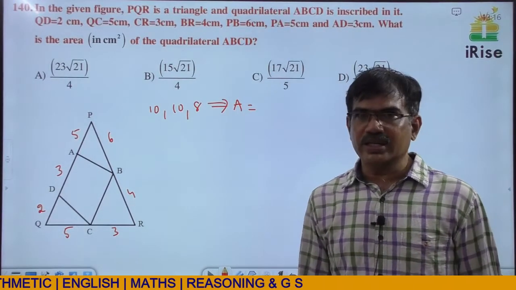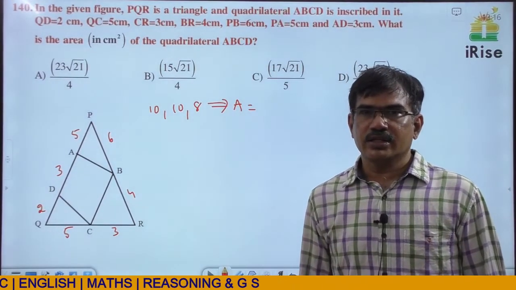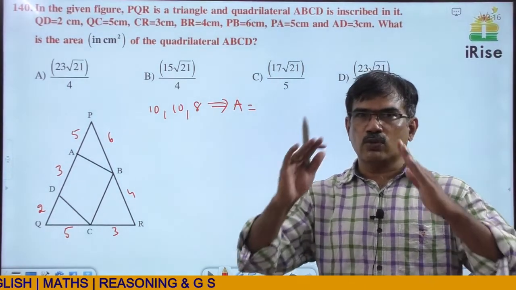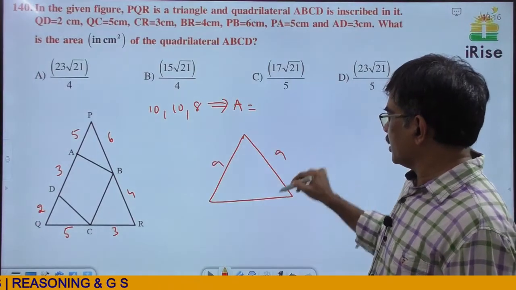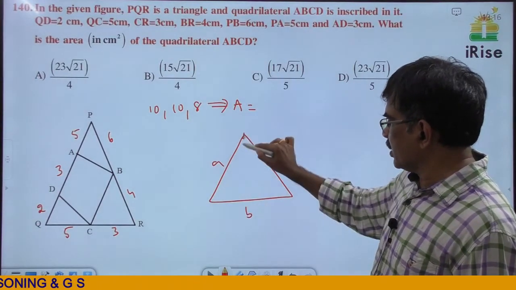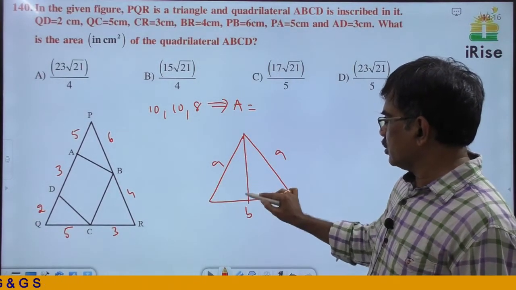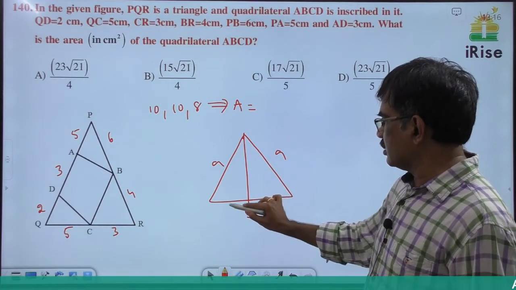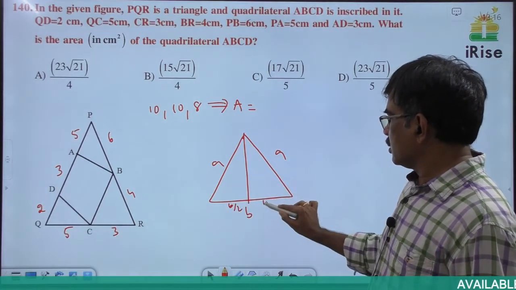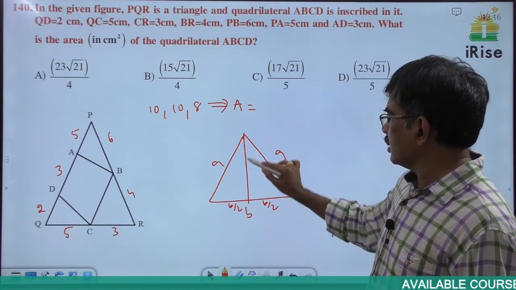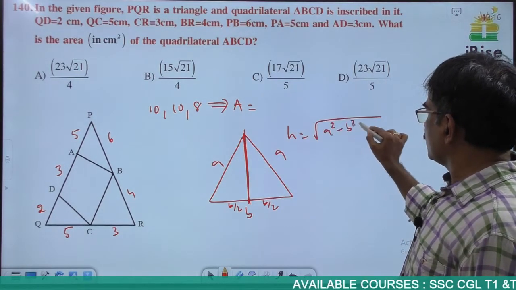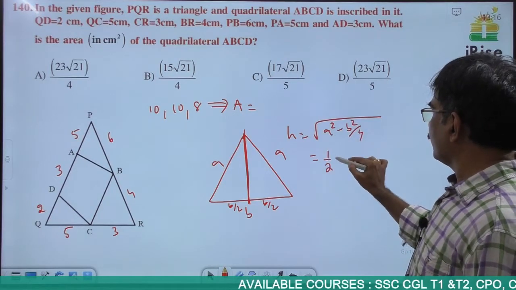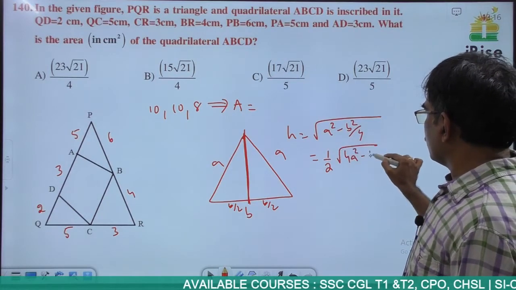10, 10, 8. What is the area? If A, A are two equal sides, already I have given a concept here. A comma A are equal sides, but let B be the base. If you draw, it is divided into two parts because it is an isosceles triangle. This is B by 2, this is also B by 2, and the height is root of A square minus B square by 4, which is equal to half root of 4A square minus B square.